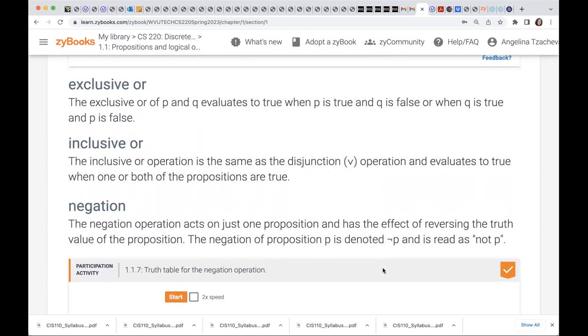How about the exclusive OR? This exclusive OR is important because, like we said, all of these are important. These are logical gates that are used, as we said, in computer chip design for the CPUs and the hard drives and all of that stuff, but they are also used in software.